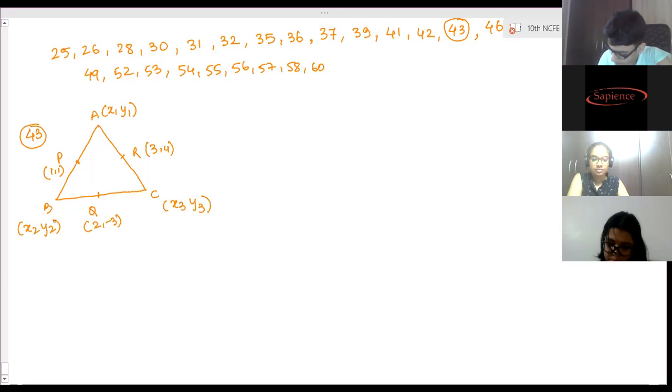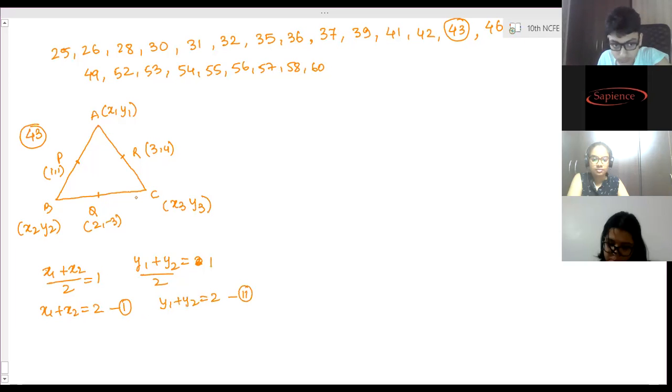P is the midpoint of AB. So we can use the midpoint formula: (x1 plus x2) by 2 is P's x coordinate, and (y1 plus y2) by 2 is the y coordinate. So x1 plus x2 is equal to 2, equation 1. y1 plus y2 is equal to 2, equation 2. Similarly, Q is the midpoint of BC.